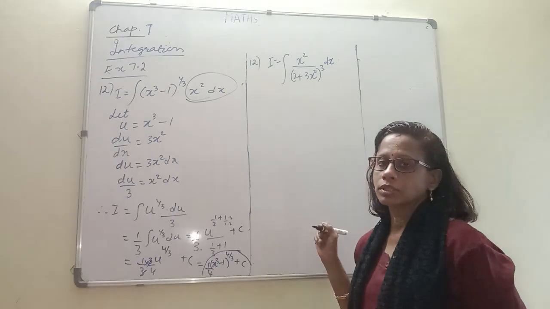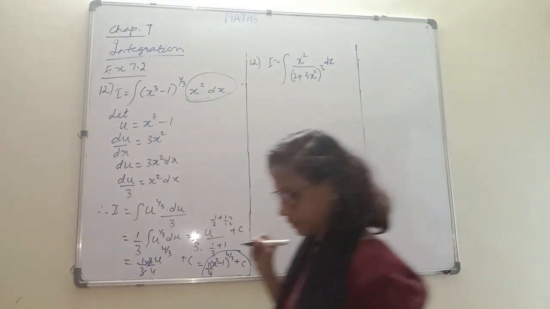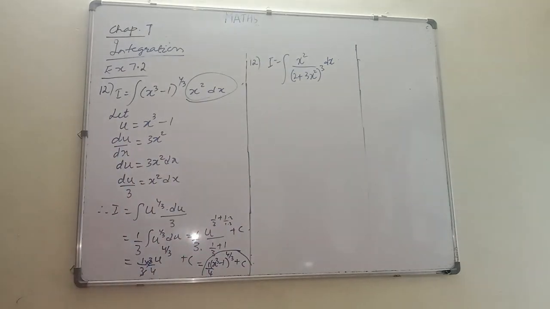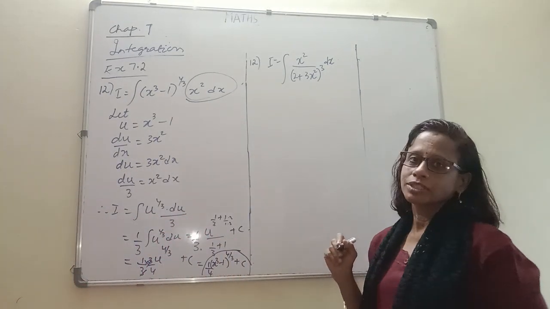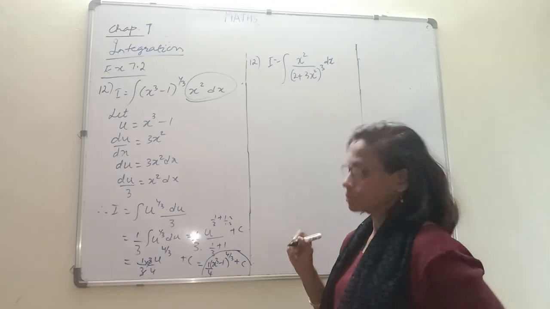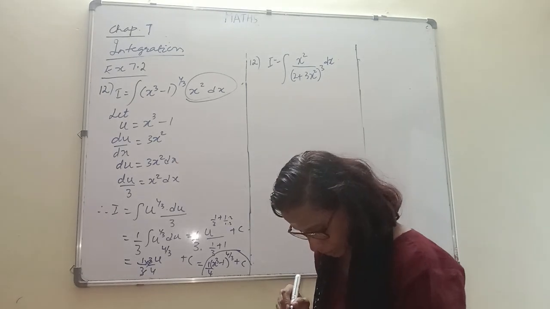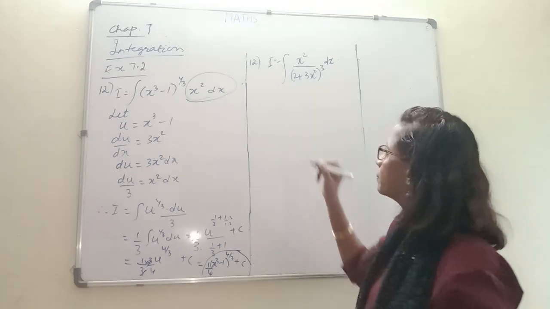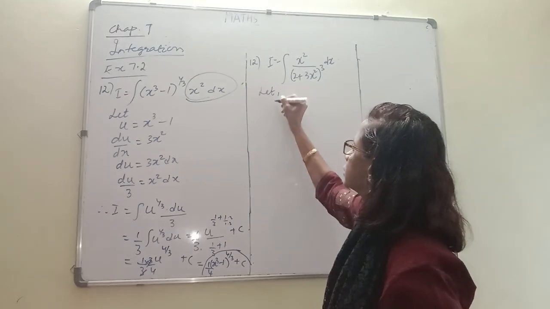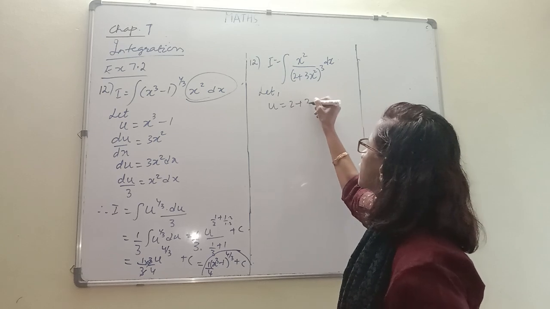So let's check now how this comes up. As I told you, it's very clear to us now that the denominator is going to be u. We'll take the more complicated one, and part of it we will take as a substitution. So let u be 2 plus 3x cube.